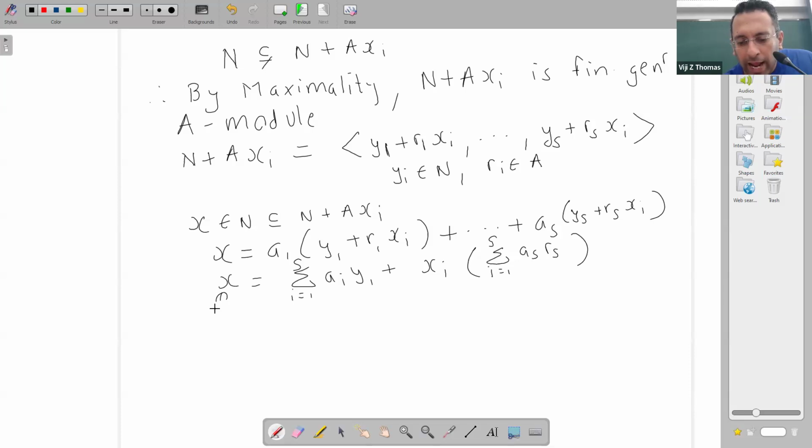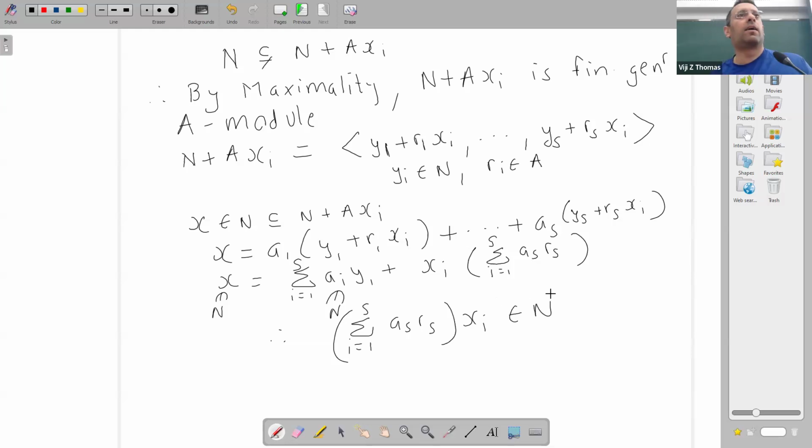Now this belongs to N, and yi belongs to N, so this also belongs to N. Therefore the summation of ai ri times Xi belongs to N. Clear? This much is clear. Now, if this belongs to N, what can I say about the summation of ai ri? This is my question.